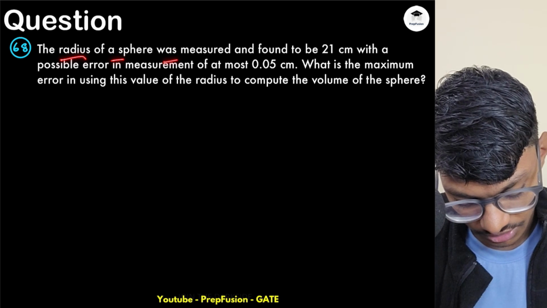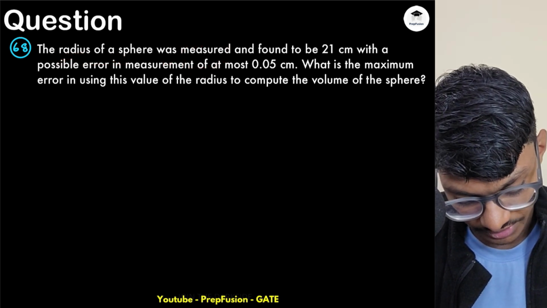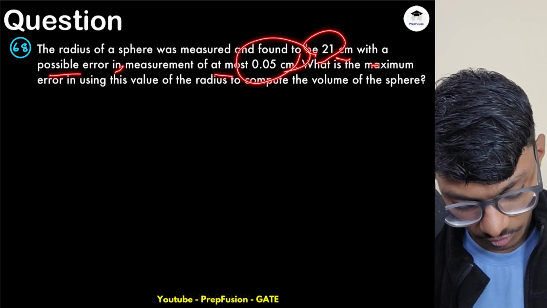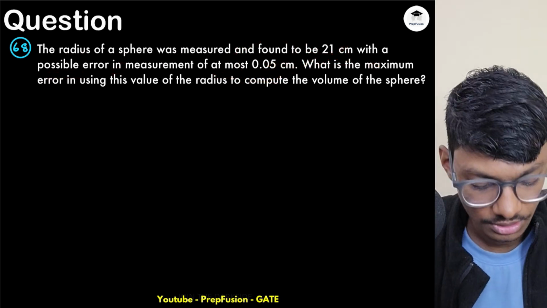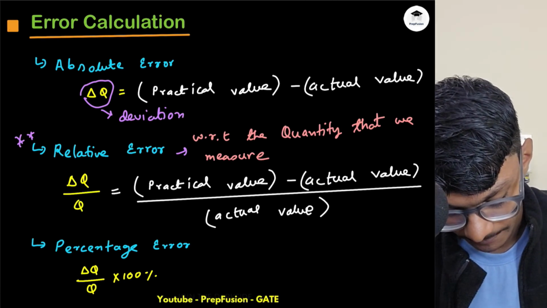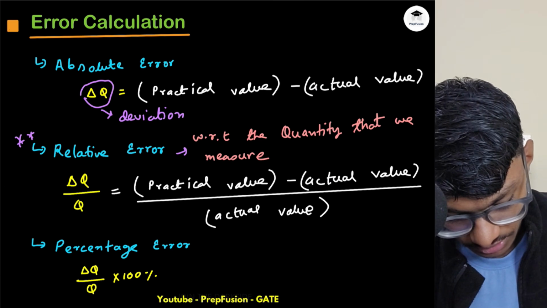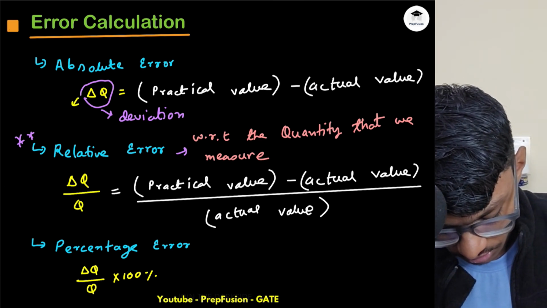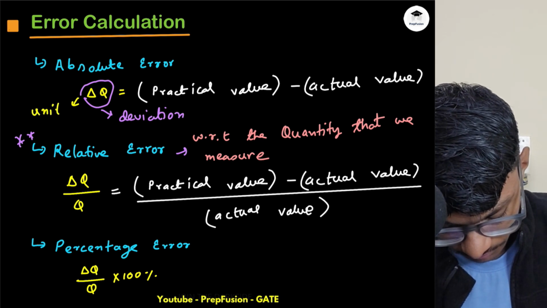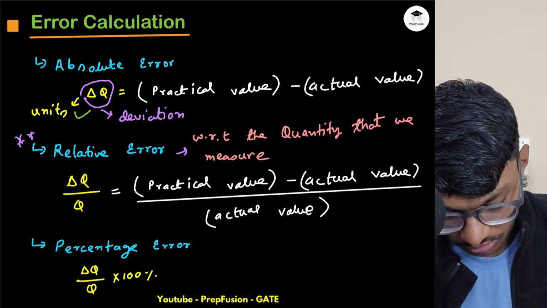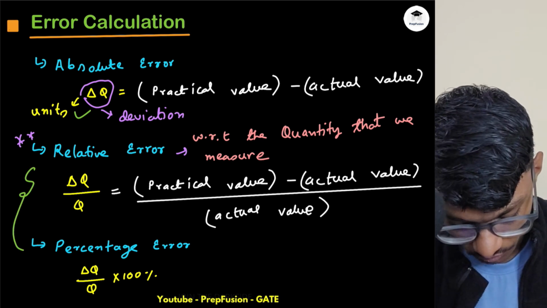The radius of a sphere was measured and found to be 21 centimeter with a possible error in measurement of at most 0.05 centimeter. So here, whenever there are units, I will say this has units, and these two are unitless.